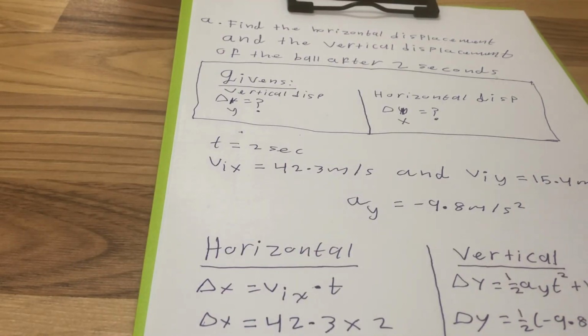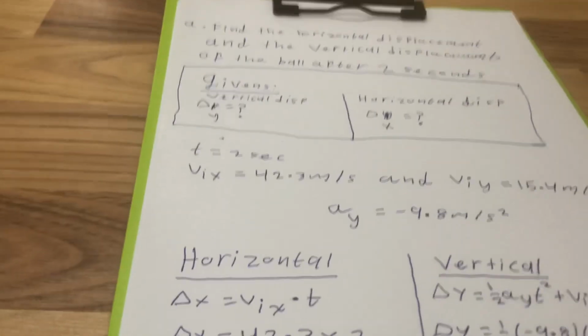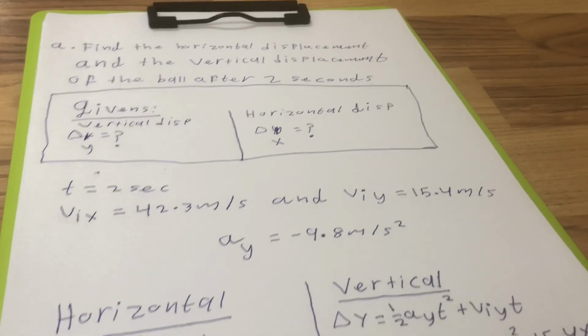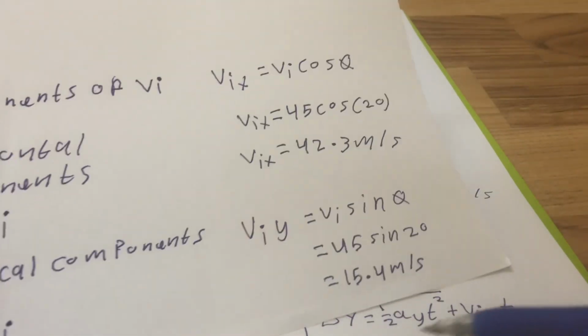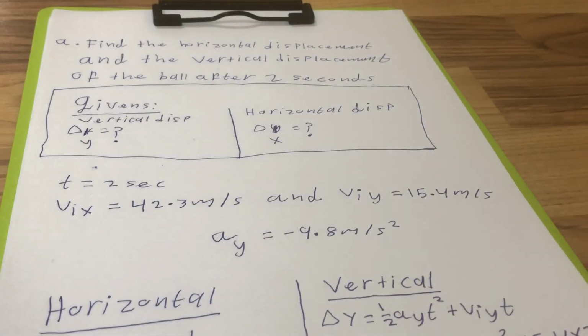And the Viy is 15.4 meters per second. Also, we found it from here. And the ay, which is acceleration on the y-axis due to gravity, is negative 9.8 meters per second squared.